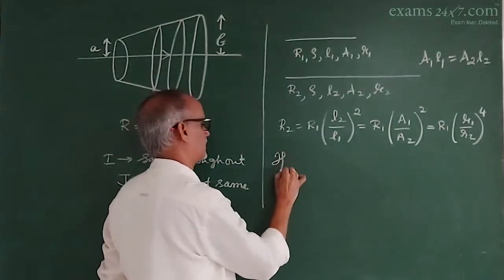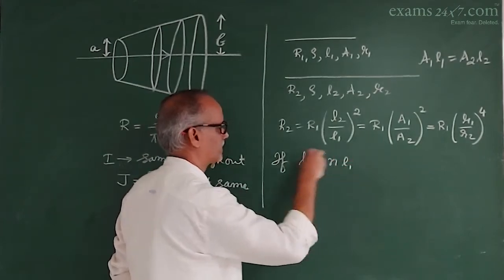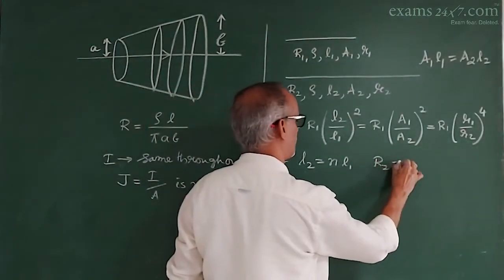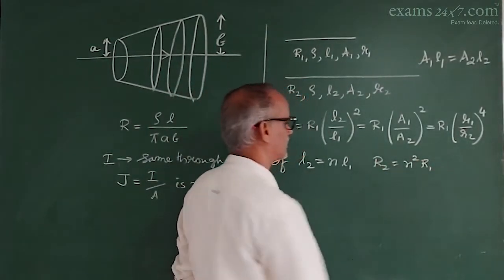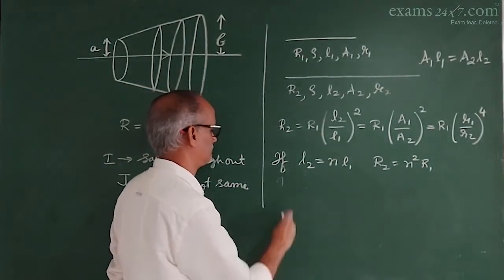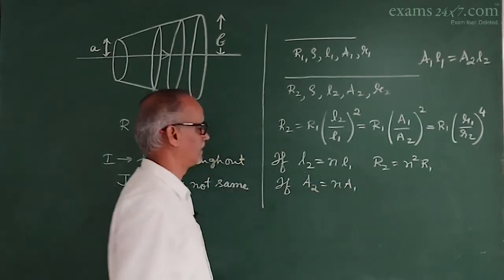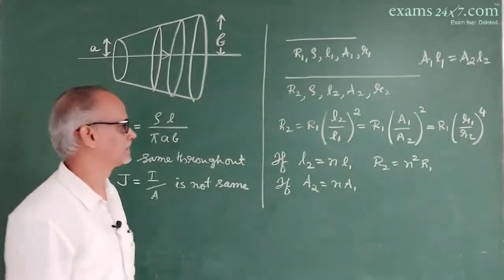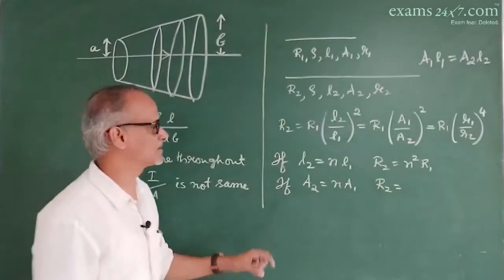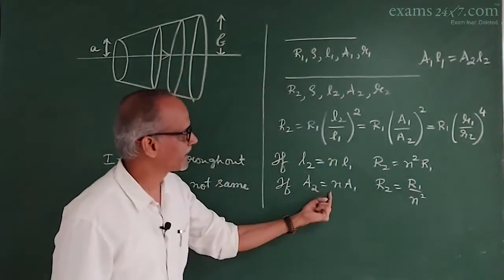Now if the final length L2 is n times L1, then the new resistance will be n square times the initial resistance. If A2 is n times A1, then the resistance decreases n square times, it's R1 by n square.